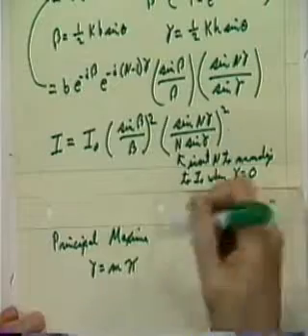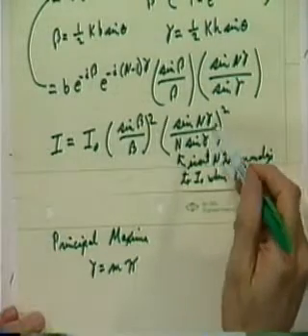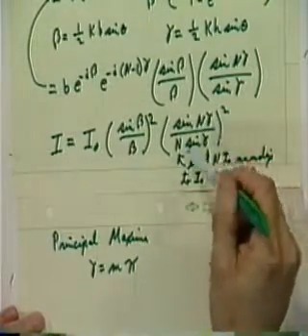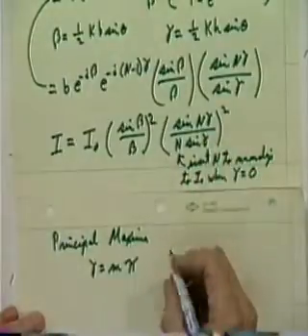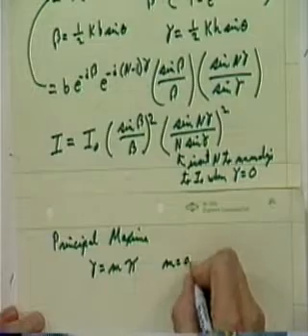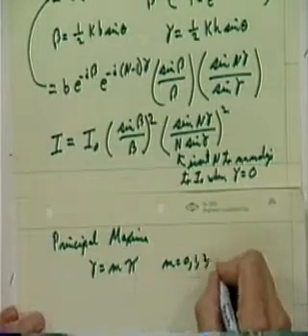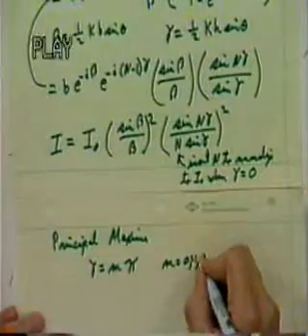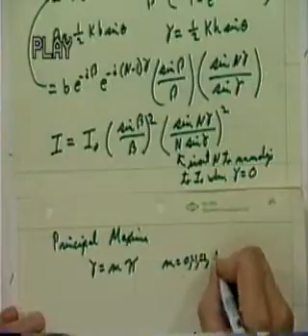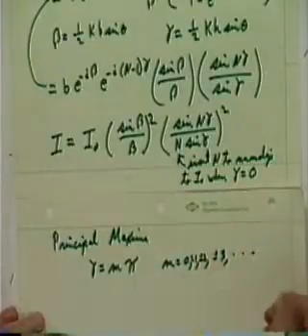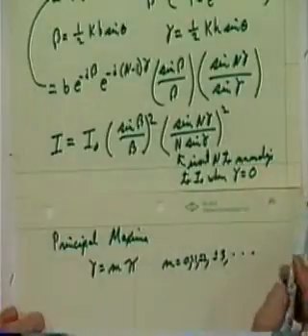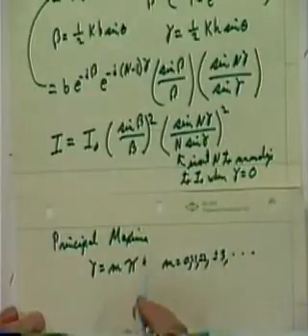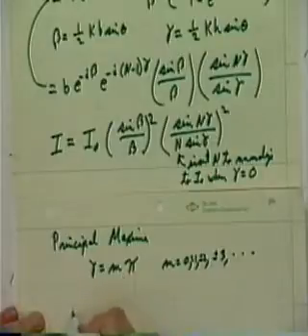Because when gamma is some integer number of pi's, this is going to turn out to be a 1 here. Okay, so m is 0, 1, 2, and I could also put plus or minus, I guess, and so on. And this will turn out to be 1.